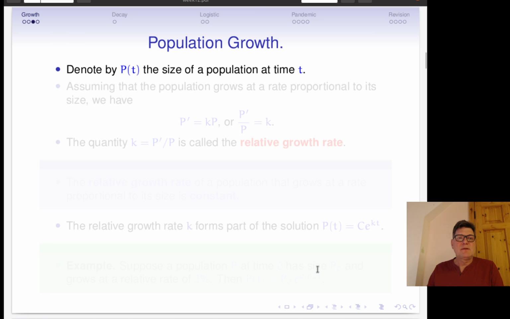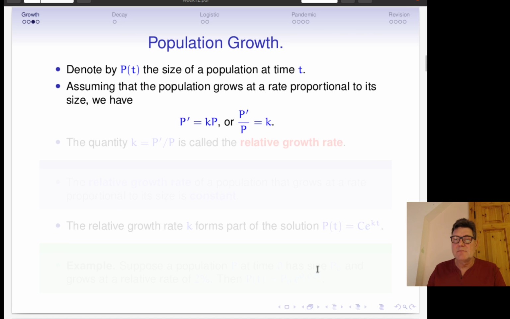Okay, then let's look at this in the context of population growth. We denote by p of t a function that measures the size of a population in terms of time. So p of t is the size of a population at time t. Assuming that the population grows at a rate that is proportional to its current size, we have p prime equal to k times p, where k is a constant, or p prime over p equal to that constant k.